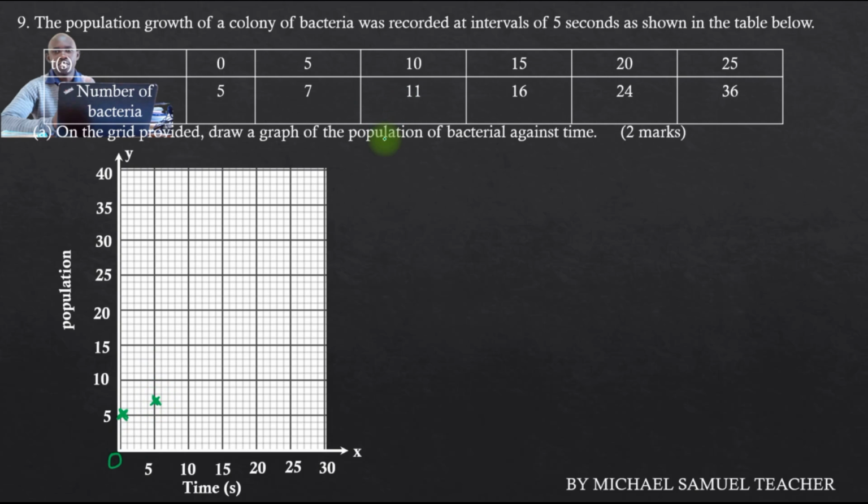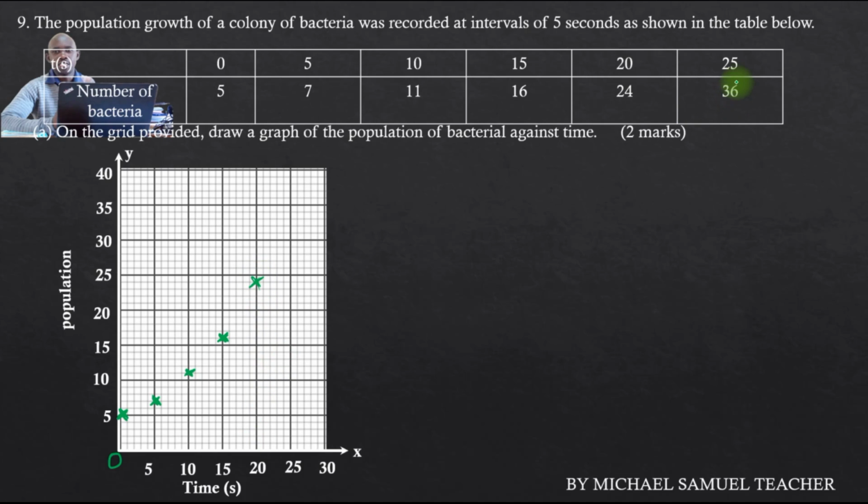When time is 10, population is 11, that is the point. Then when time is 15, population is 16. When time is 20 seconds, population is 24, so we have 24 at that particular point.